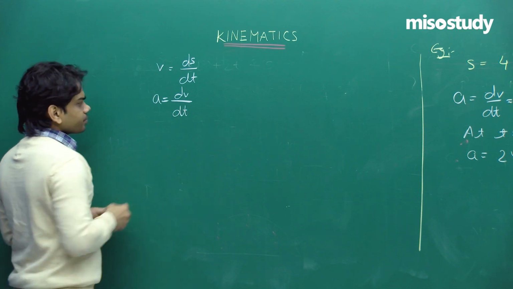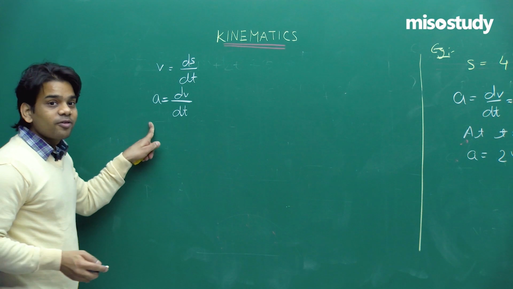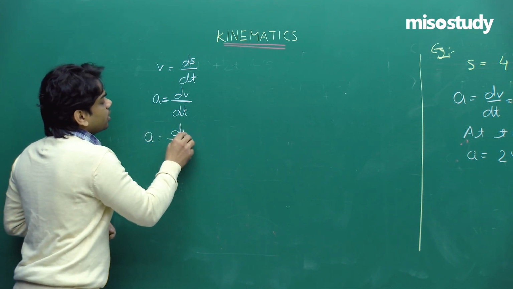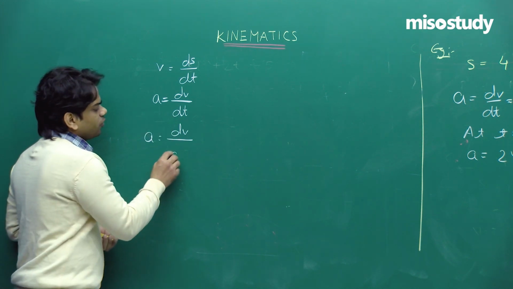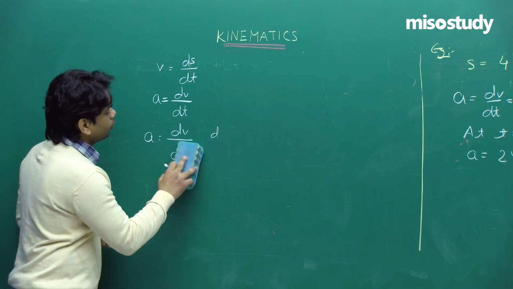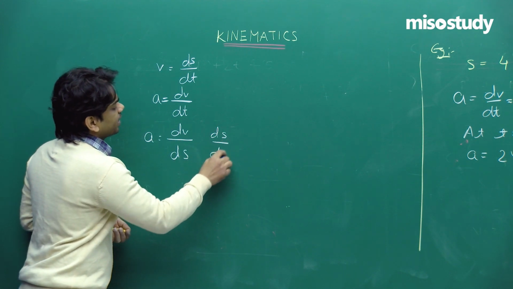Now here we can write this as a is equal to dv by dt; if we divide by ds and multiply by ds, we are writing this as dv by ds multiplied by ds by dt.